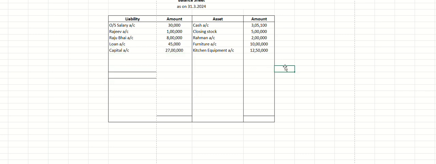Anything else? Yes, only the capital. Remember, capital is the last liability we pay, because it will be repaid only at the end of the business. When we completely wind up the business, only then will we repay the capital. So we have pasted them in order.